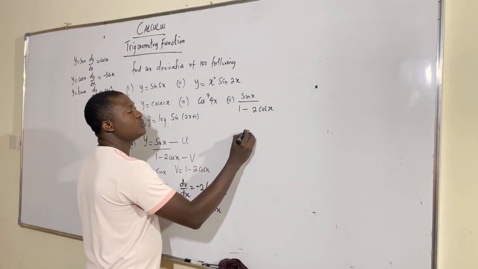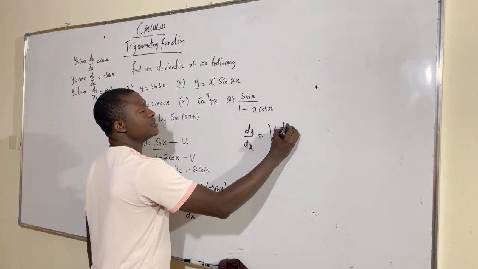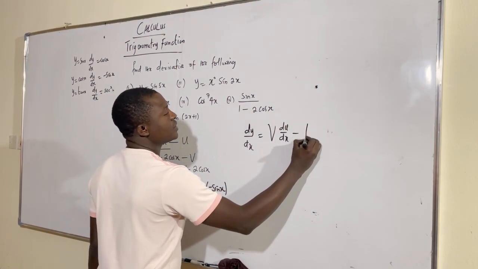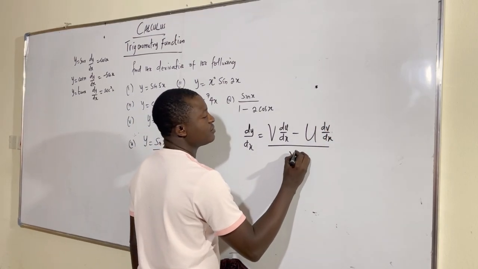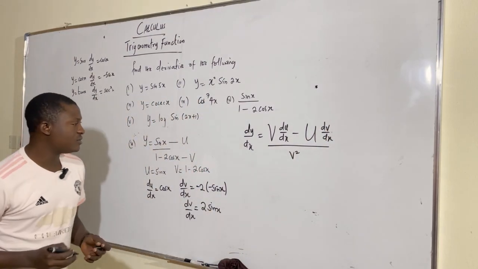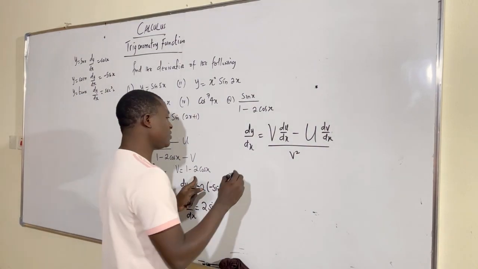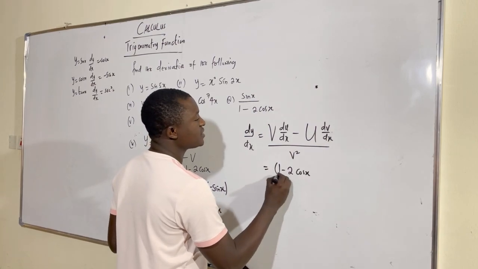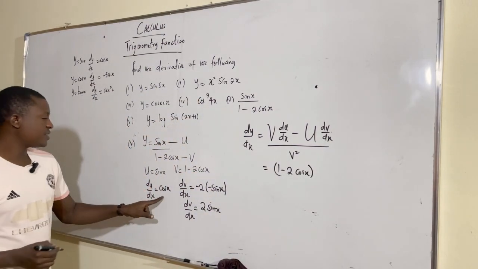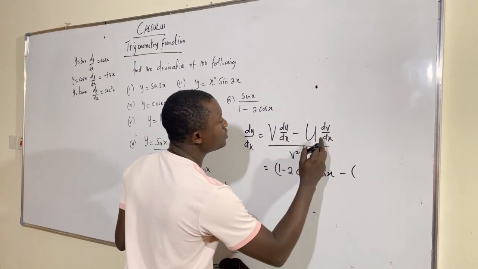So from the formula we know for the quotient, dy dx is v du dx minus u dv dx, all divided by v squared. So let's substitute the values one after the other. Our v we have here is 1 minus 2 cos x. du dx is cos x, minus u.